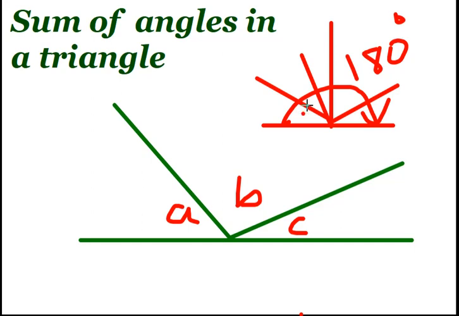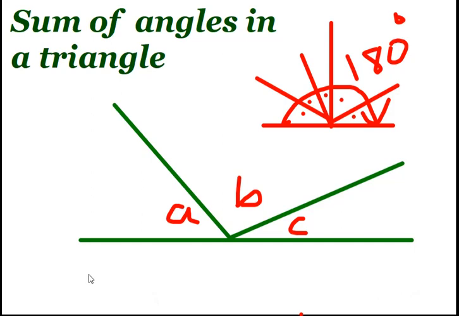So this angle now plus this angle plus that angle plus that angle plus that angle should give us 180 degrees. We did not change the value of the whole angle, we just divided that whole angle into different sections or different parts. So the angle now consists of multiple angles, and when they are added together they give us 180 degrees.